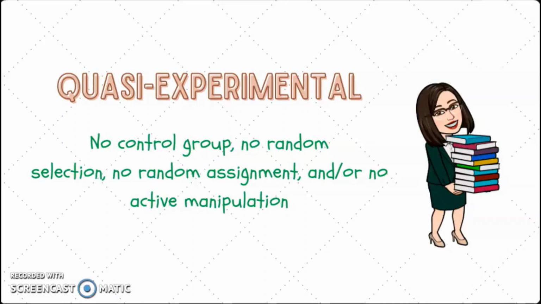Hopefully you're aware of those two types of respondents. There is also no random selection, no random assignment, and or no active manipulation. To establish this, we have consulted Abraham and McDonald 2011.